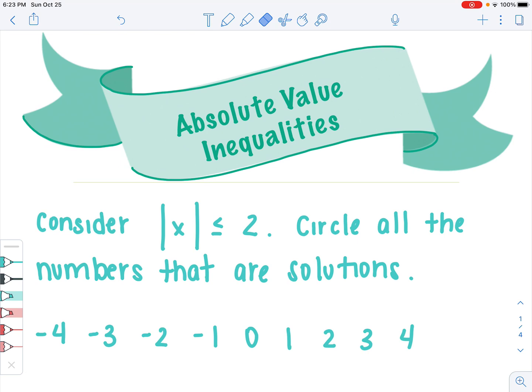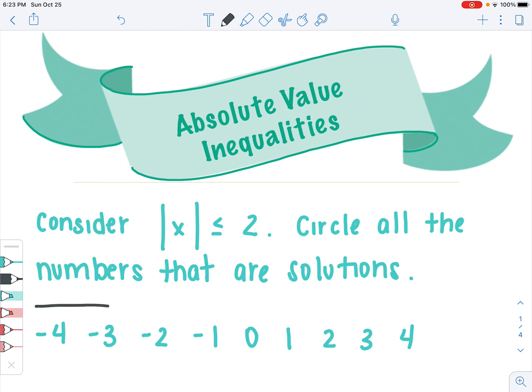So consider the absolute value of x is less than or equal to 2. If we wanted to circle all the numbers that were possible solutions, that means we want numbers that are less than or equal to 2 spaces away from 0. Because remember, absolute value is just our distance from 0.